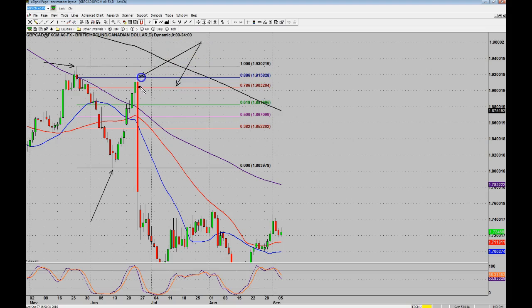This is a sell area. When something pulls up into a 786, 886 fib box, it is a sell 80, 90% of the time. I'm not saying 100, but I will tell you that 80 to 90% with ridiculous consistency, this turns out to be an area, believe me, you want to sell. You do not want to be a buyer, okay?